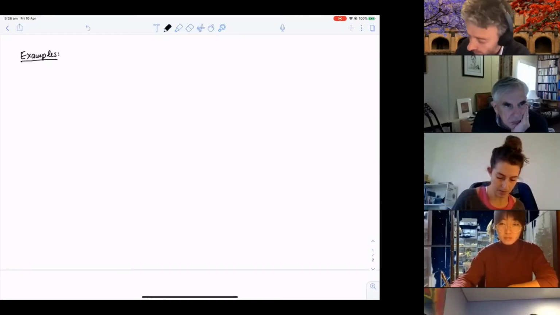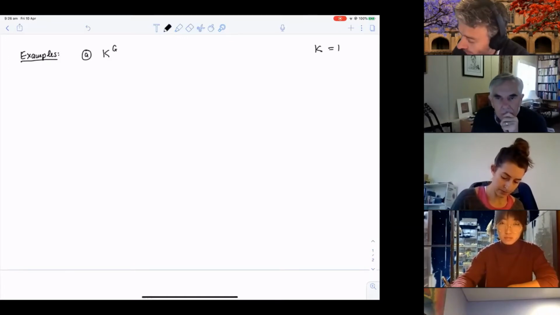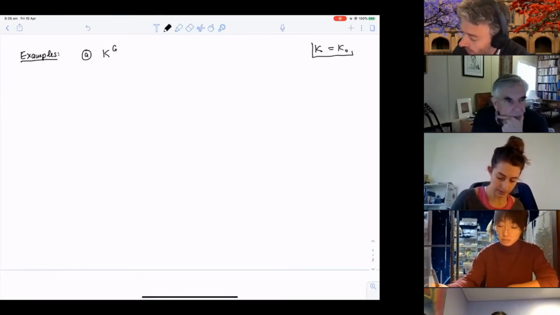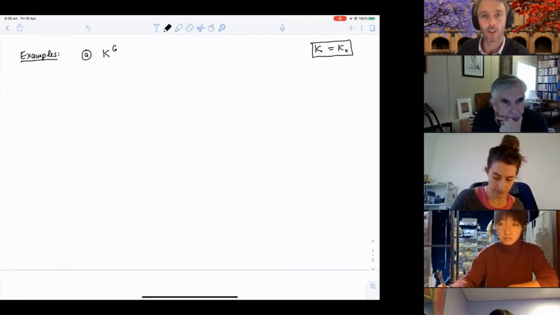And that's very important for us. And I'll just write K for K0. So I won't care about the higher K groups, except at some points I'll say certain sequences are exact and I won't tell you why.